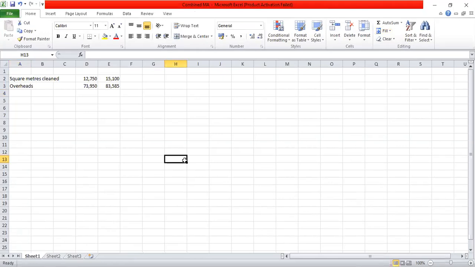The second level is 12,750 meters cleaned. Each level has a cost given. So the method used is called the high-low method. Question number 62, for that we are doing the solution.